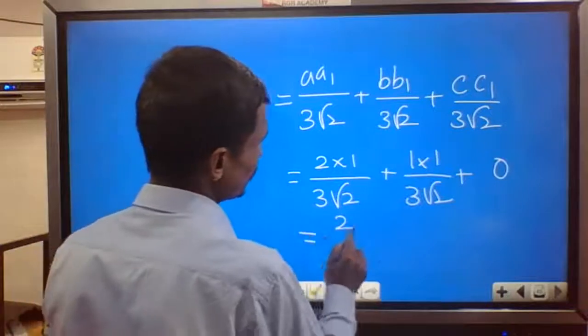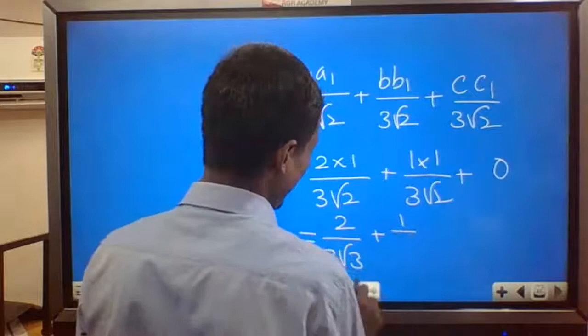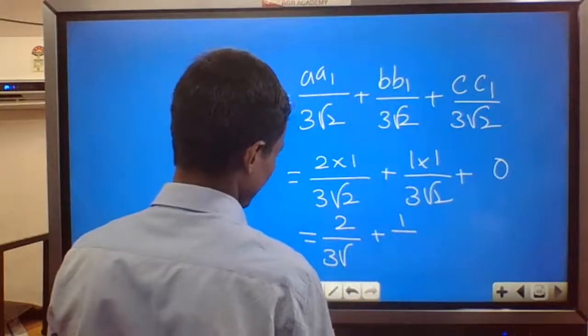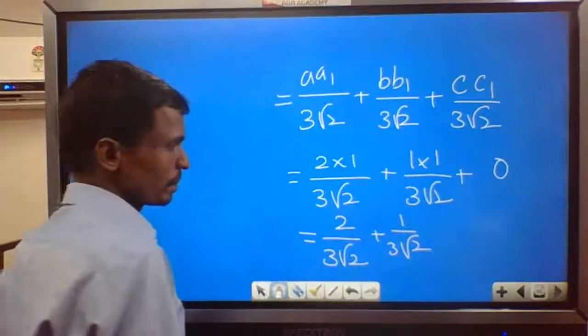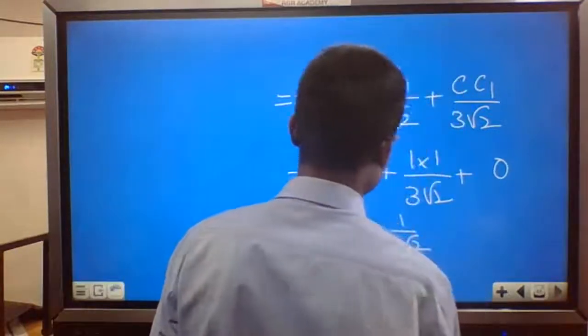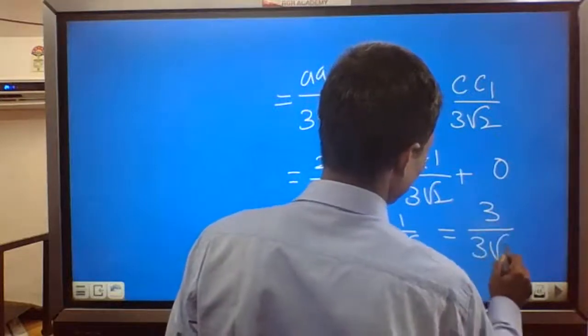Therefore, 2/(3√2) + 1/(3√2), so that is 3 divided by 3√2.